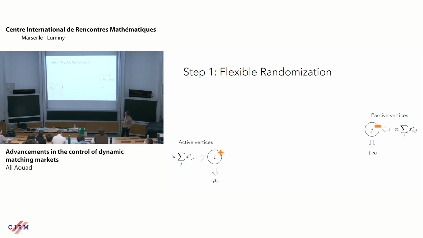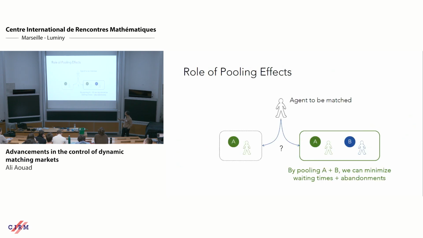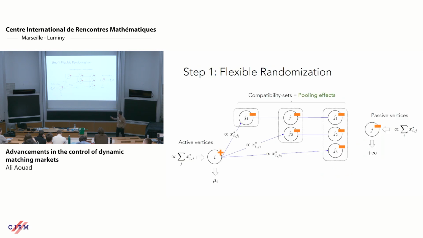Great, but now for the active agents, as we said, we want to create some pooling effects. So how do we create these pooling effects? Well, the randomization here is going to be a bit more complicated than for a standard online matching problem. We need to do a randomization over subsets, not just over actions.